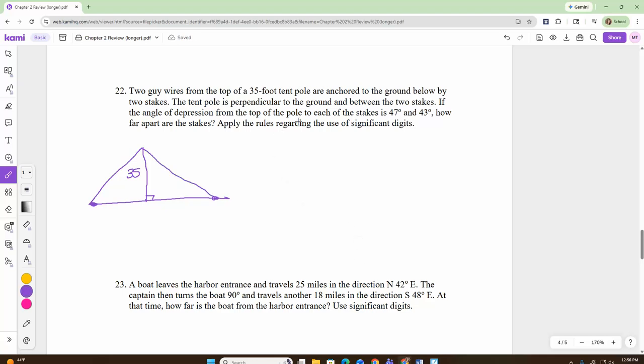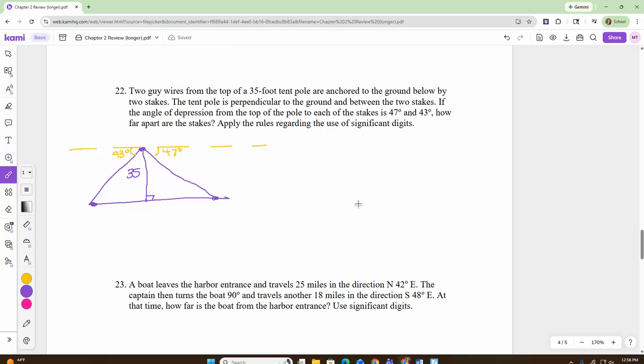The angle of depression from the top of the pole. I'm at the top of the pole. If I say an angle of depression, what do we have to have? A horizontal line. So I need a horizontal line at the top of the pole. One of them is 47 degrees. One is 43 degrees. Those are not the angles in the triangle. Those are the angles from the horizontal line.